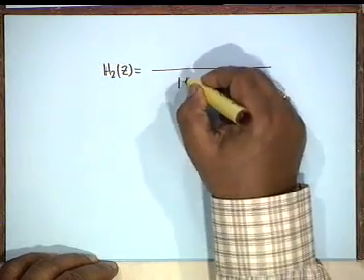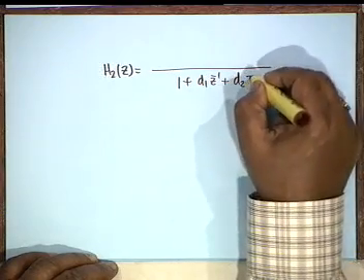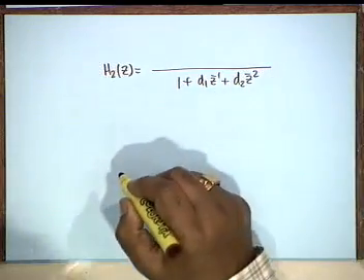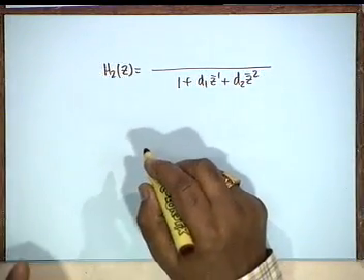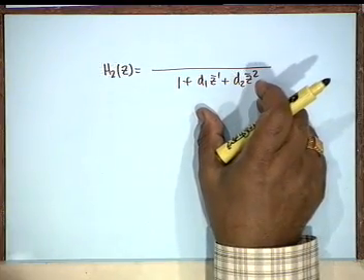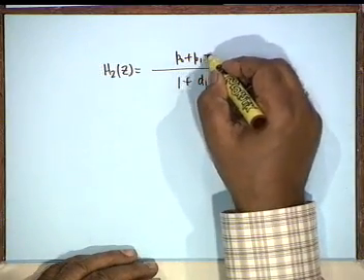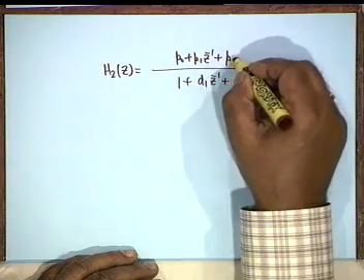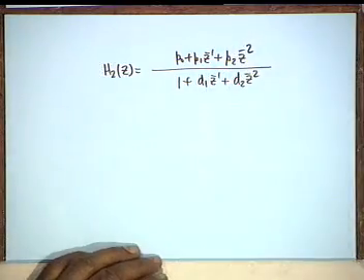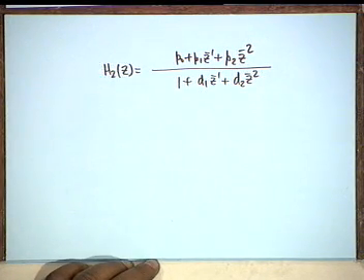The denominator is 1 plus d1 z inverse plus d2 z to the minus 2. The numerator is not d2 plus d1 z inverse plus z to the minus 2, but it is a general numerator p0 plus p1 z inverse plus p2 z to the minus 2. Can it be realized by a lattice structure?